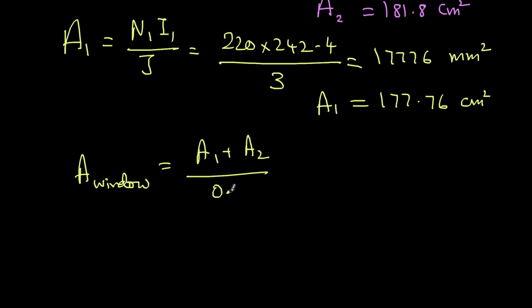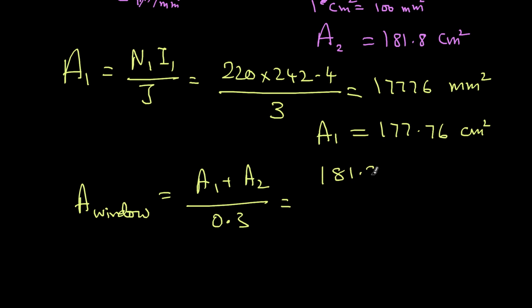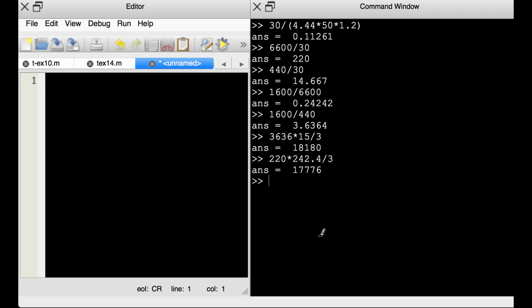So that is given as 0.3. So let's do that. This is 181.8 plus 177.76 divided by 0.3.